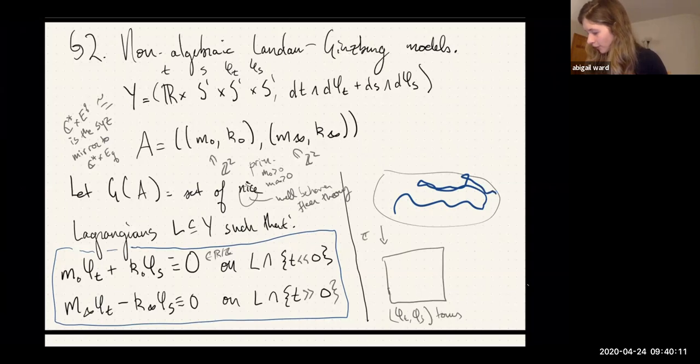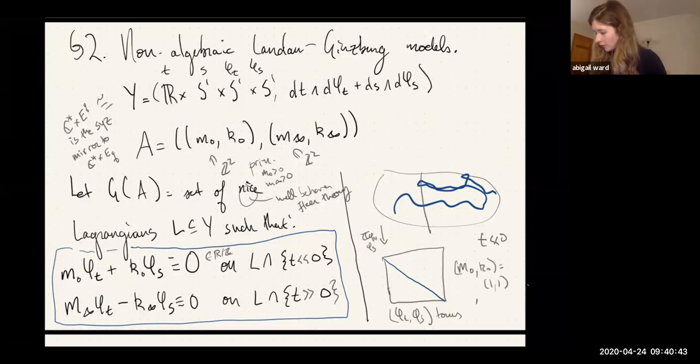So this is the projection pi of phi t, phi s for L with t much less than 0. This is going to project over some sort of line, like this. So this would be in the case that m naught, k naught equal to 1, 1.